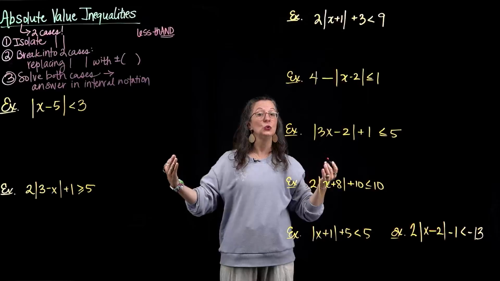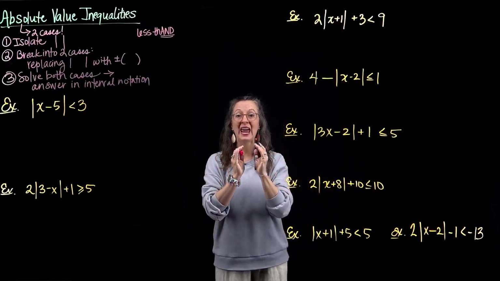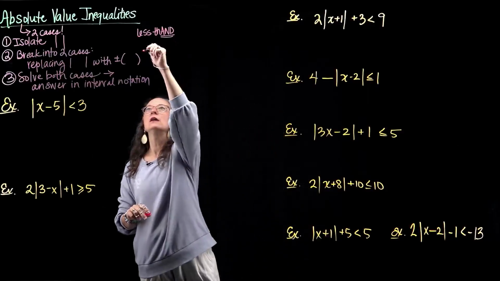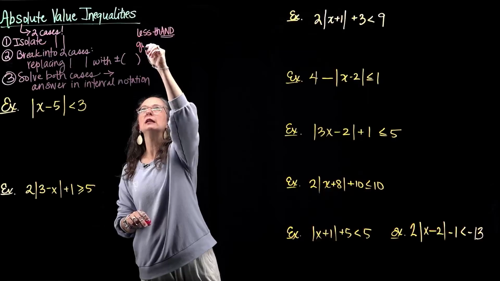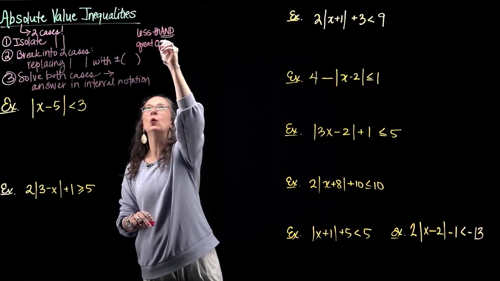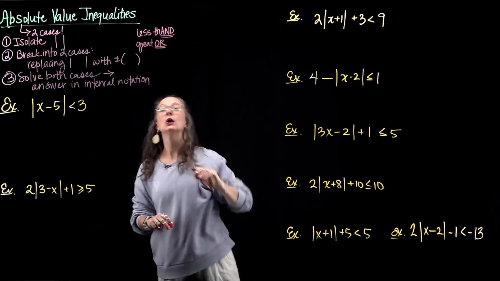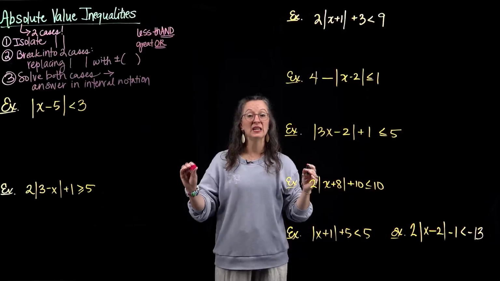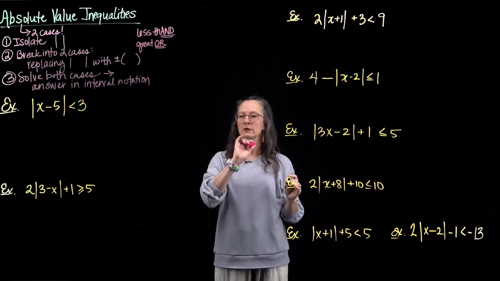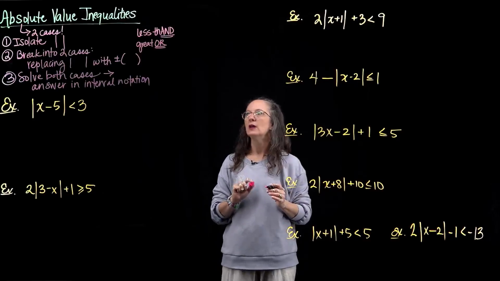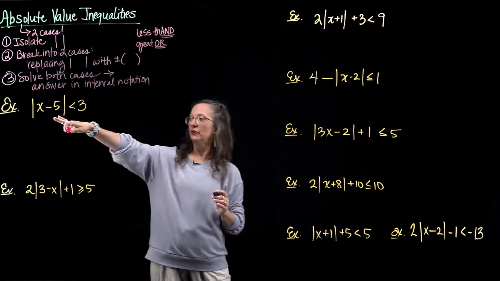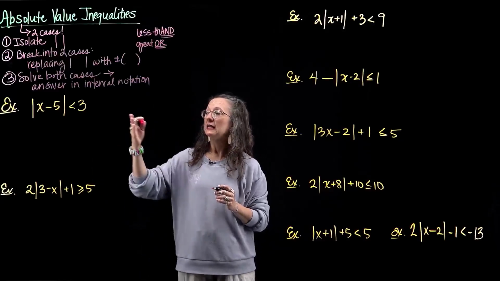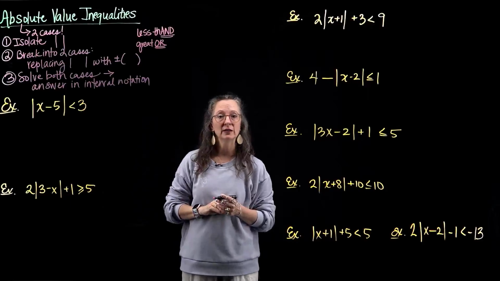That means that our two cases are going to be joined by an and. This will make more sense when we see an example. The other opportunity is that we have a greater than. This means our two cases are going to be joined by an or. So don't worry.